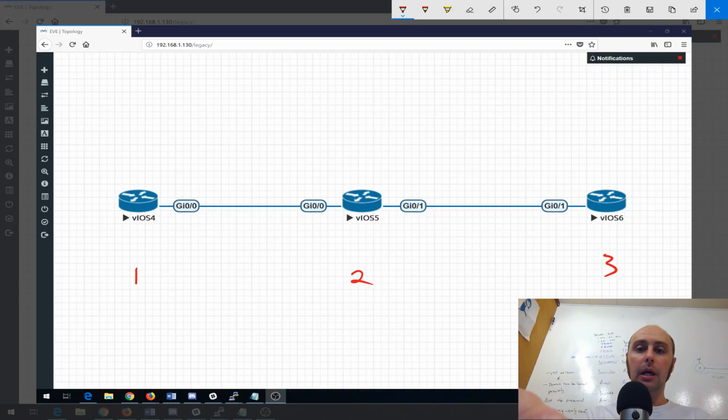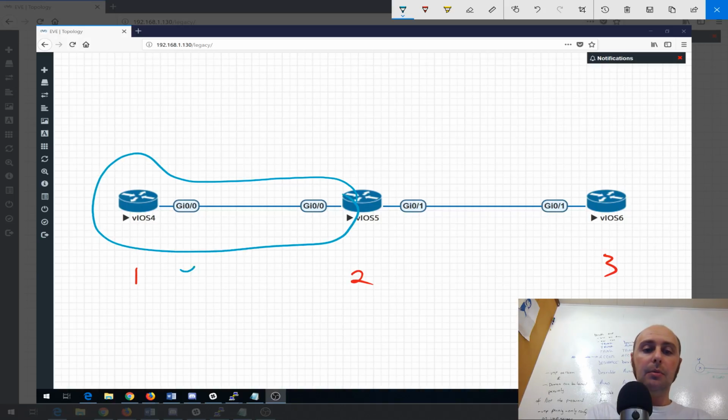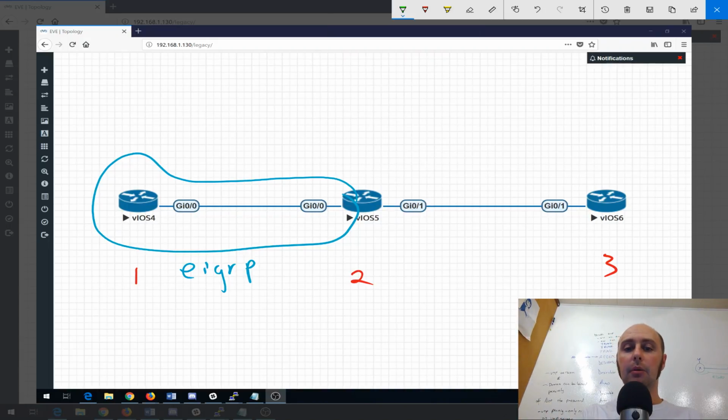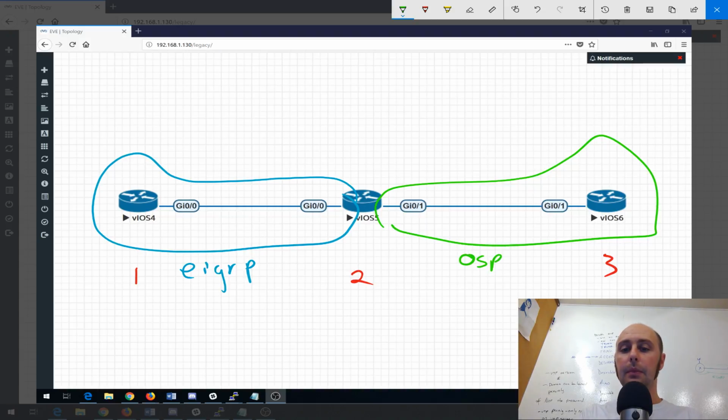And I'm going to outline some routing domains. So we're going to go ahead and make this one EIGRP, and then I'll use another color for OSPF.